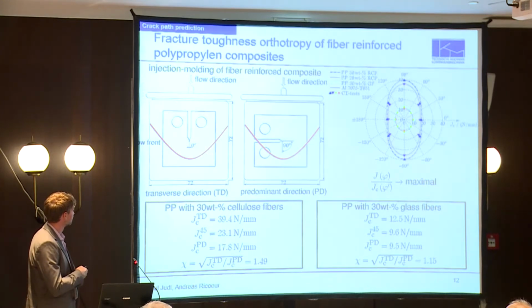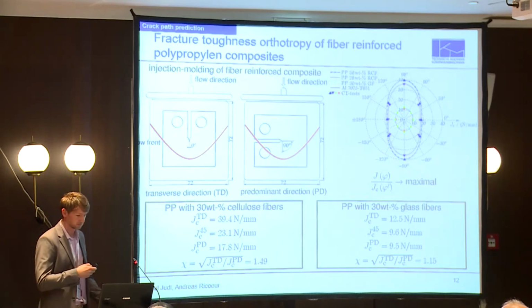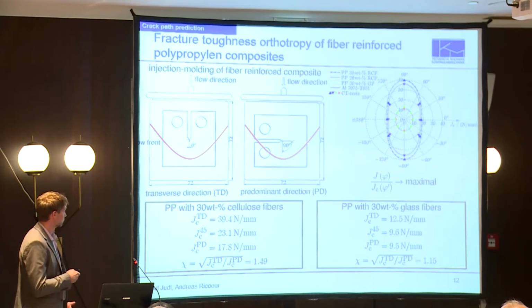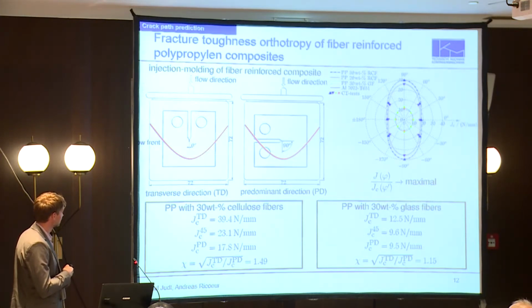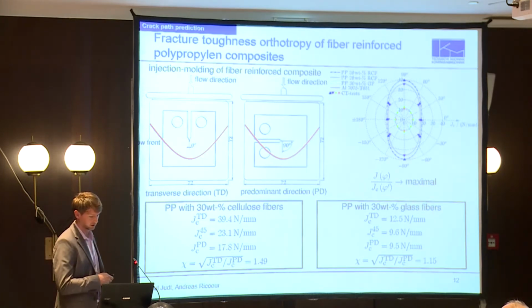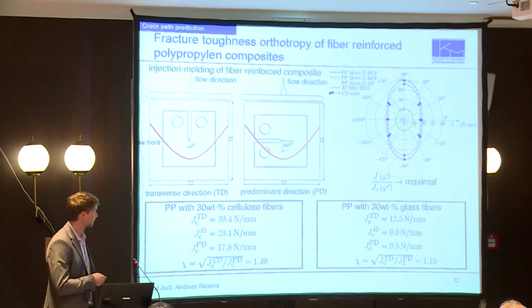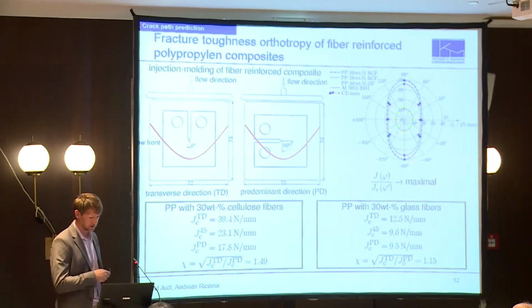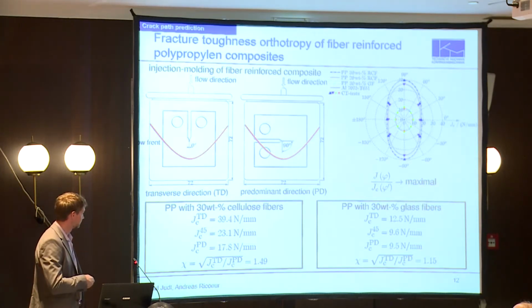And this is the flow front, and it is clear that fibers will predominantly orient parallel to this flow front. Therefore, we can expect that there will also be a predominant direction of fracture. We performed CT tests and measured the critical J integral values.